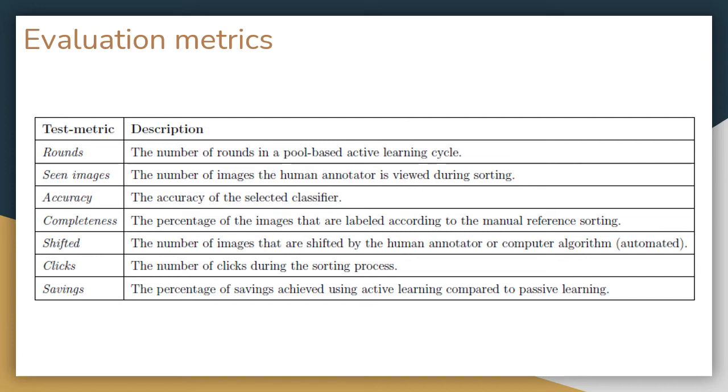We have the number of images shifted by the annotator or the automated computer algorithm evaluation. Also, we have the number of clicks by the annotator during the sorting process, and we calculate the savings achieved by using active learning compared to passive learning.